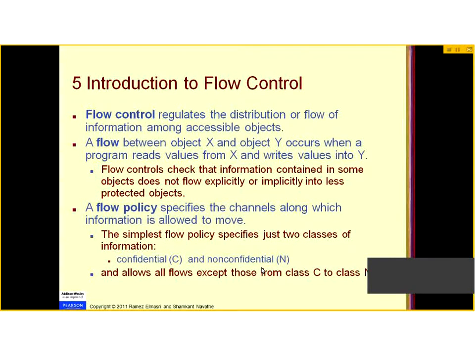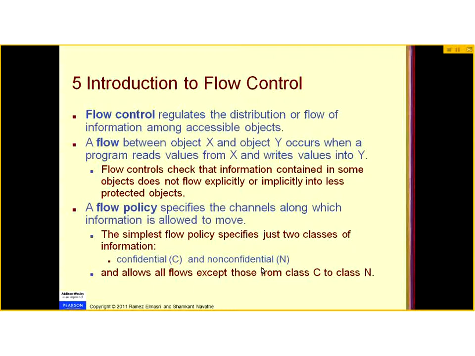Now comes the topic of flow control. Flow control regulates the distribution or flow of information among accessible objects. A flow between objects X and Y occurs when a program reads values from X and writes values to Y. This is called flow.